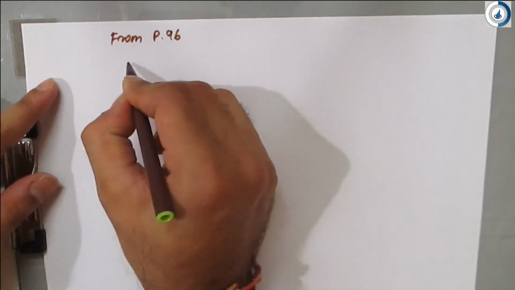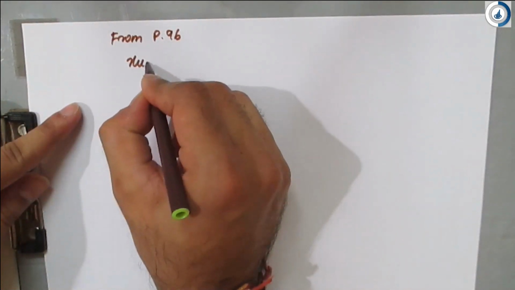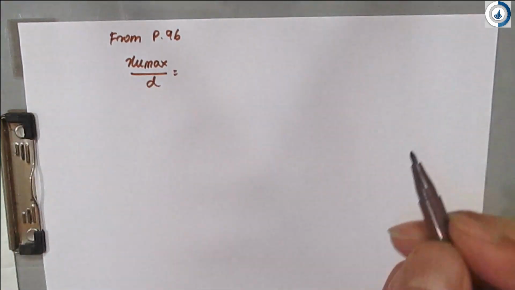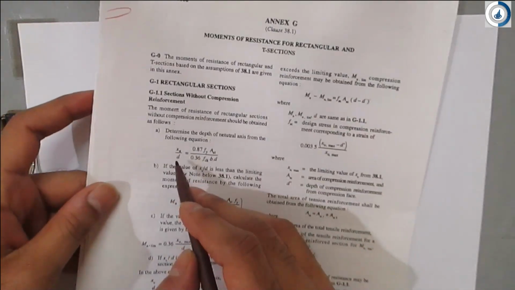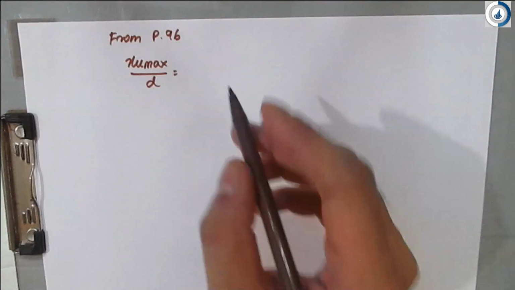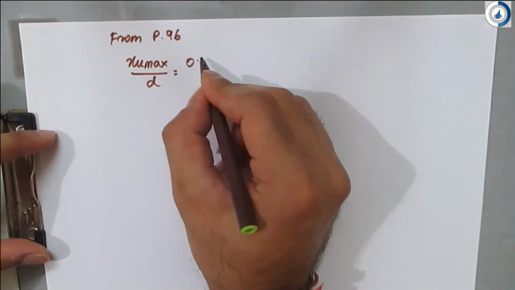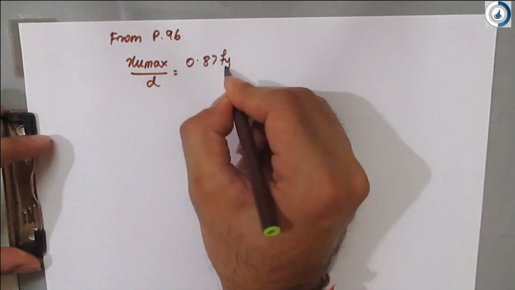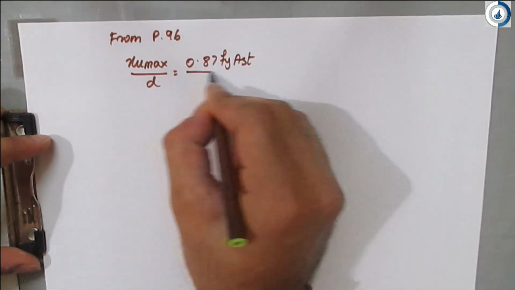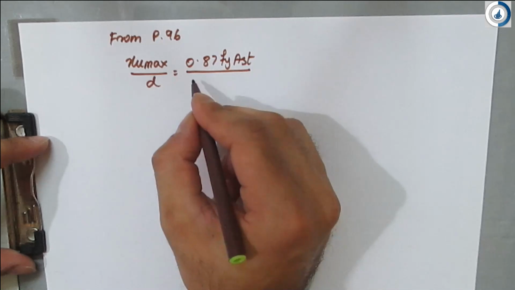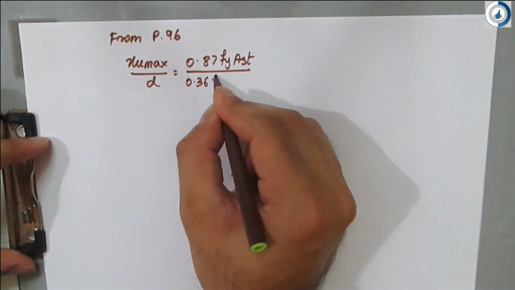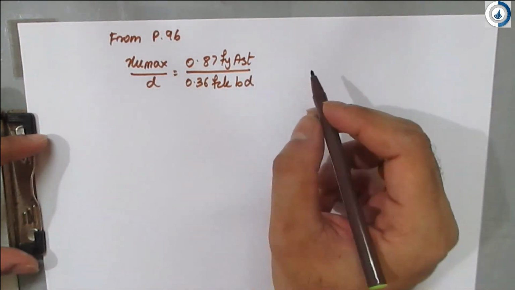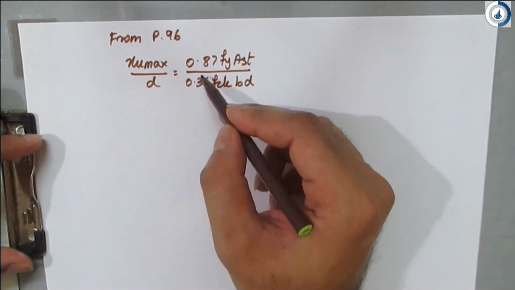Remember, in place of XU by D, we are writing XU max by D: 0.87 FY AST divided by 0.36 FCK BD.